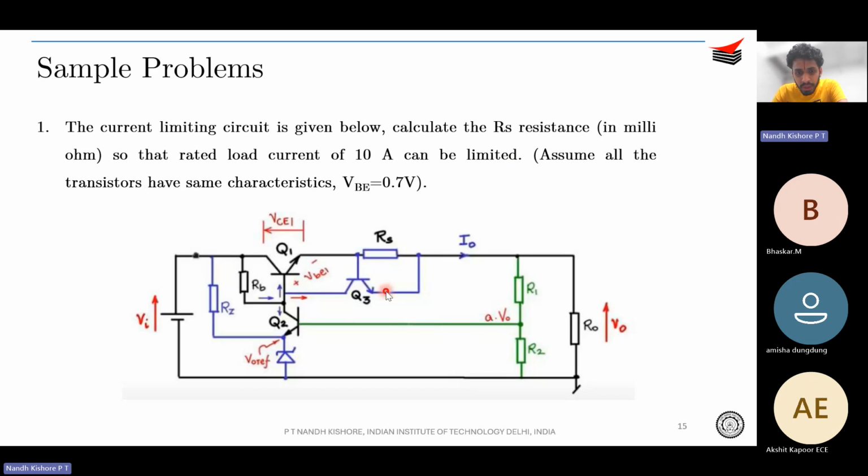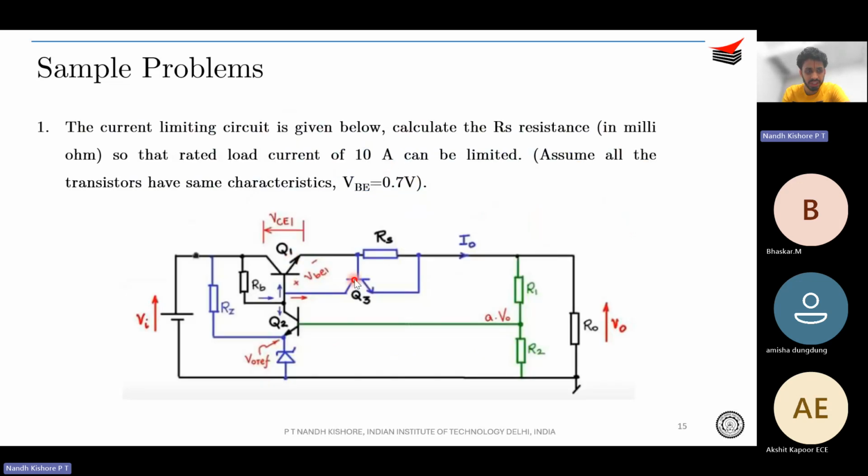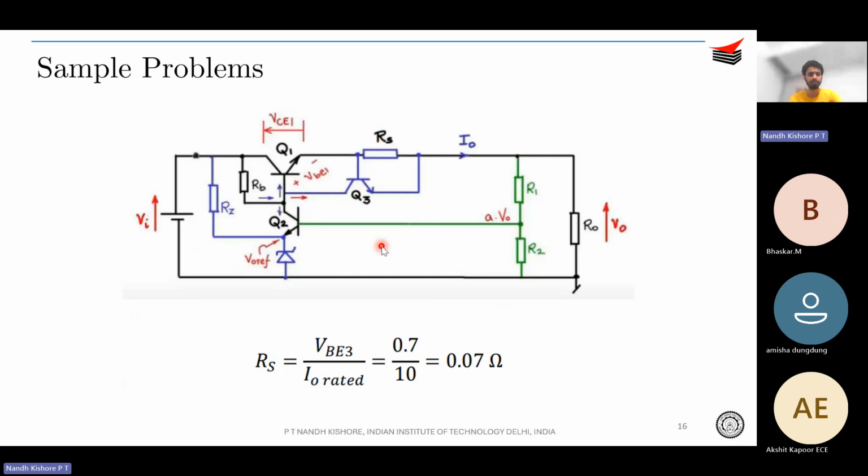Your VBE will be equal to I naught into RS, correct? So I naught into RS is equal to your VBE. Therefore, your RS is equal to VBE by I naught rated. That is 0.7 by 10. That is 0.07 ohms or 70 milliohms. Okay, simple, right? So this is a very straightforward question. That is, your base emitter voltage should be equal to I naught into RS.